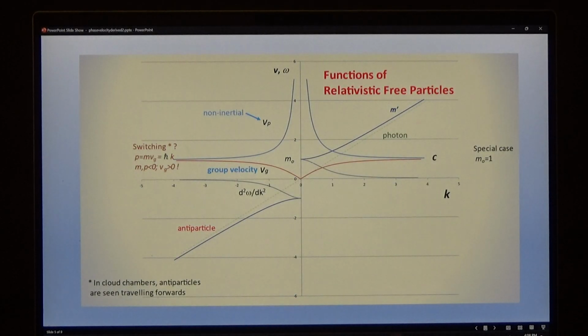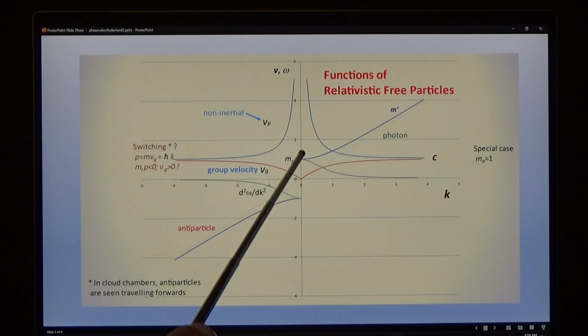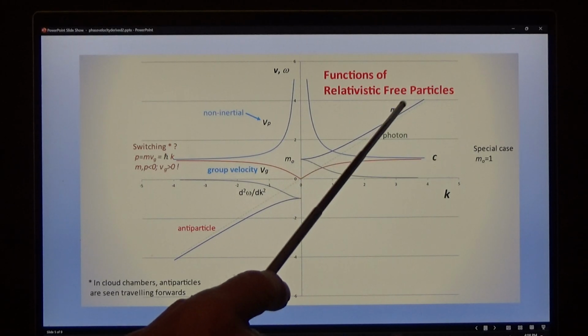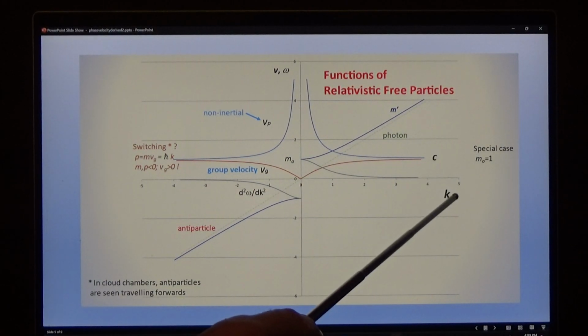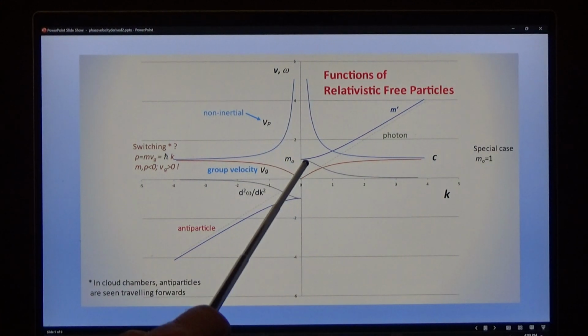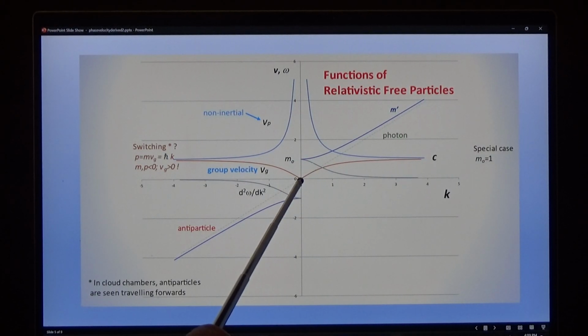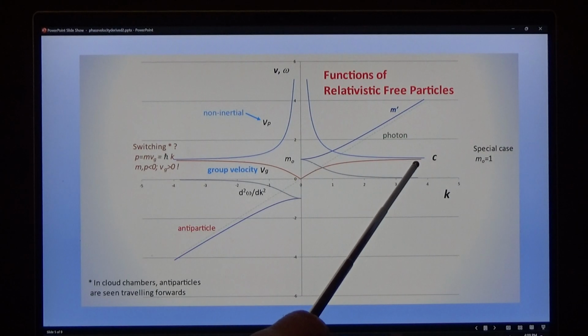I can illustrate what we've been talking about. Here's rest mass, here's relativistic mass, plotted against wave vector k. And here's the group velocity, half mv squared. It is classical at low energy and tends to relativity, as Einstein pointed out.